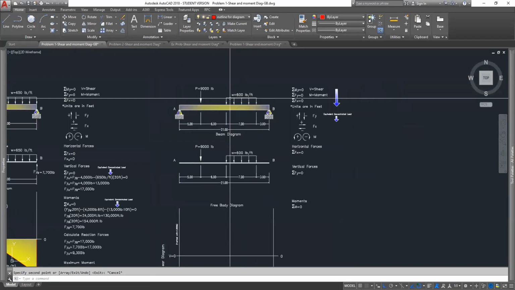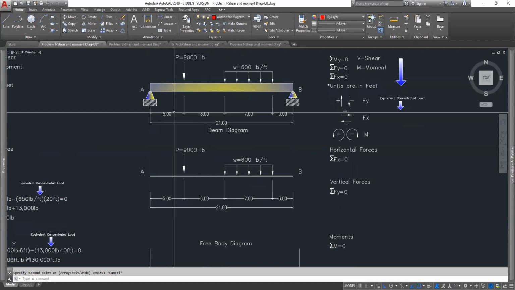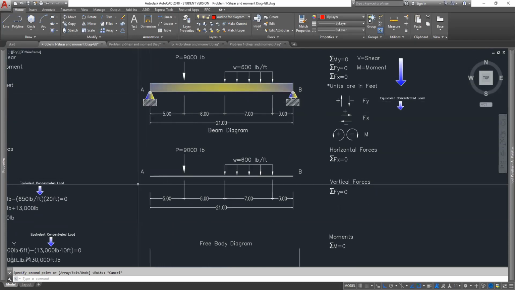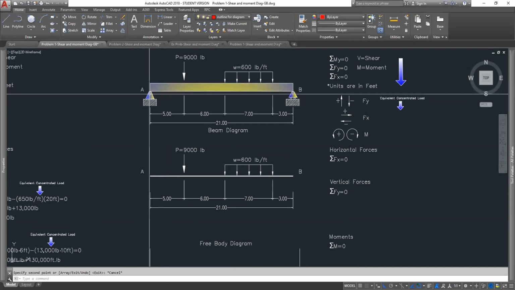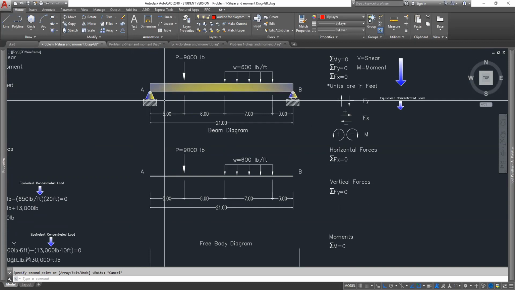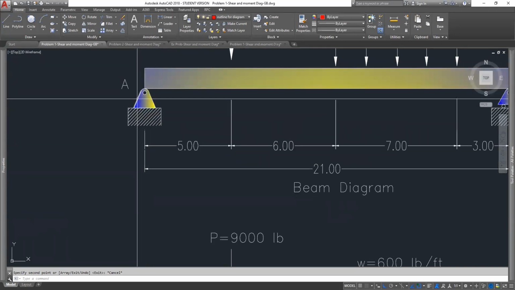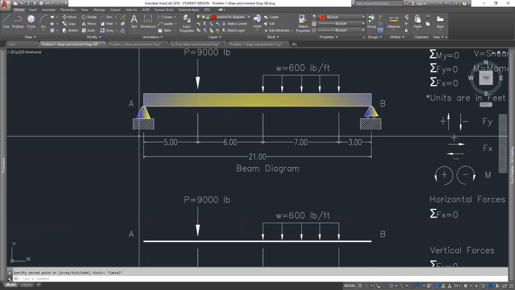Right there. All right, so the next thing to do is to take a look at the two supports on either end, because they're going to determine what kind of reaction force you have at each one of these connections. Now, again, in the lectures, we talked about pinned connections and roller connections. If you look at the support at A, this symbol here represents what we call a pinned connection.